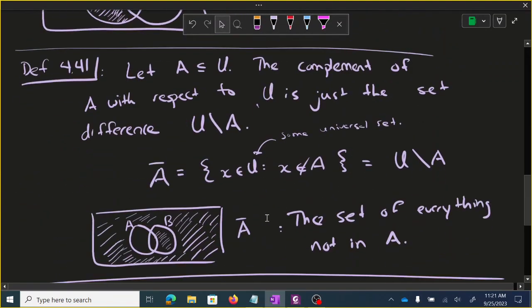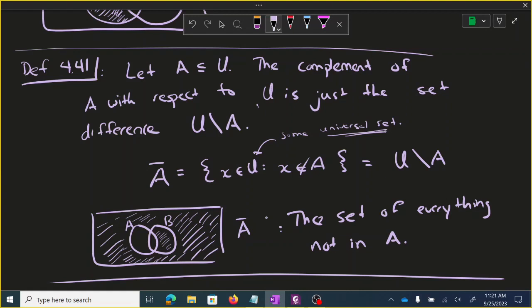And then we also have the complement. So let A be a subset of U, and U is some universal set. It's just a bigger set that A may be part of. The complement of A with respect to U is just the set difference, so it's U minus A, or U slash A. It's denoted with a bar over top.